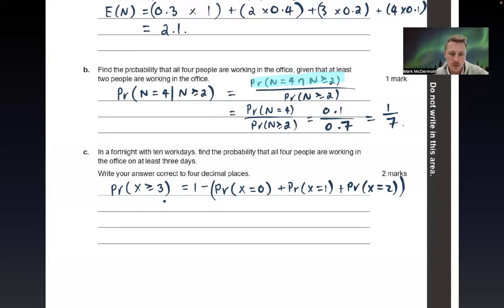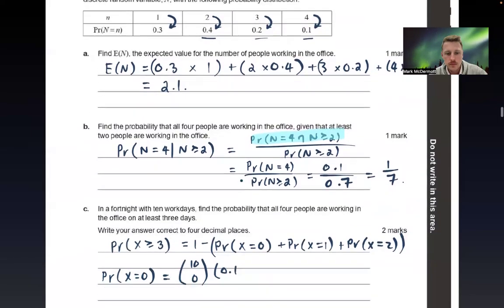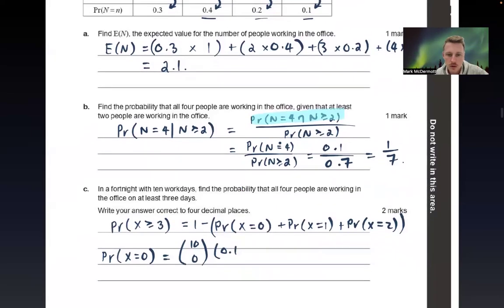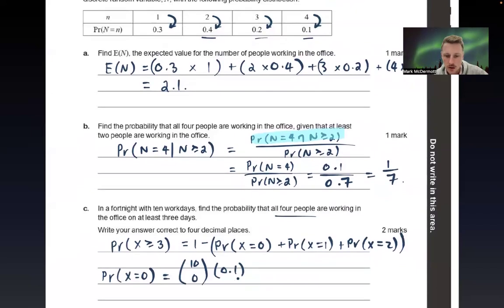So let's work out each one individually. So probability x equals 0. Okay, so that means from the 10 possible days, 10 choose none of those days. The probability of success in a fortnight that all 4 people are working here, the probability of success is 0.1 raised to the power of 0 multiplied by 0.9 to the power of 10.